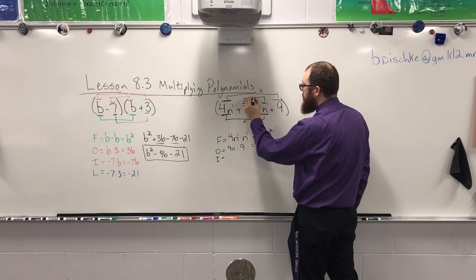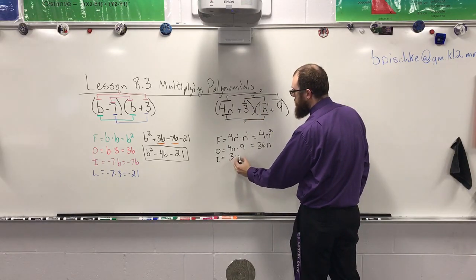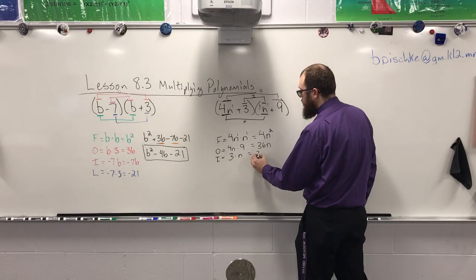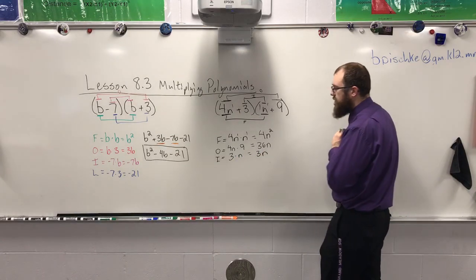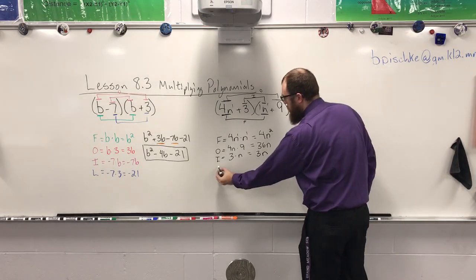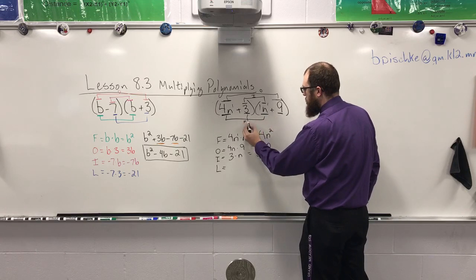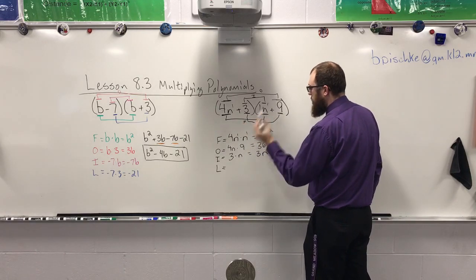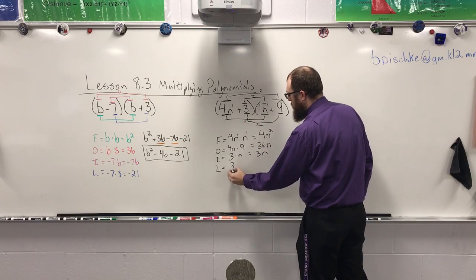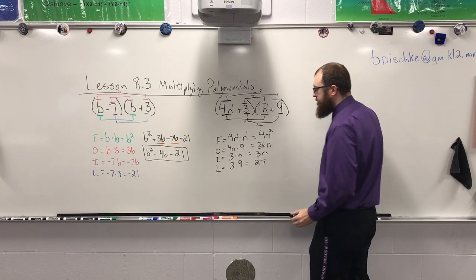Inside values. 3 times n is 3n. And my lasts. 3 times 9, which is 27.